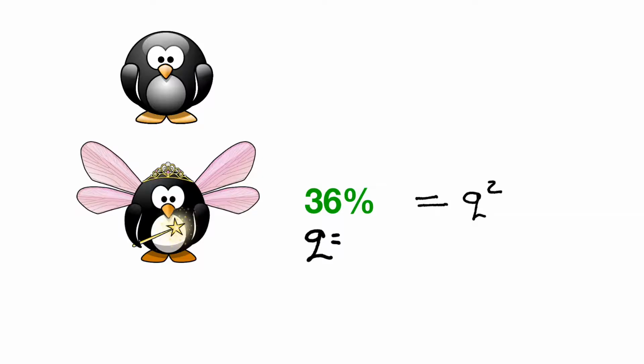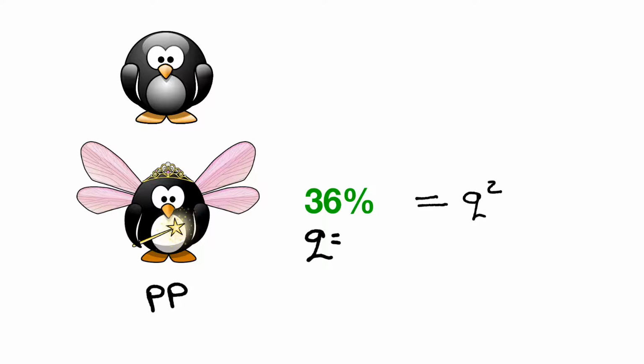So we have two penguins here. Our guy up here without wings is the dominant form, so we know that that's going to be both homozygous and heterozygous dominant. And this one with the wings is our, we're going to use little p's here, this is our homozygous recessive. We always know that because the only way you can see the recessive trait is if both alleles are recessive.